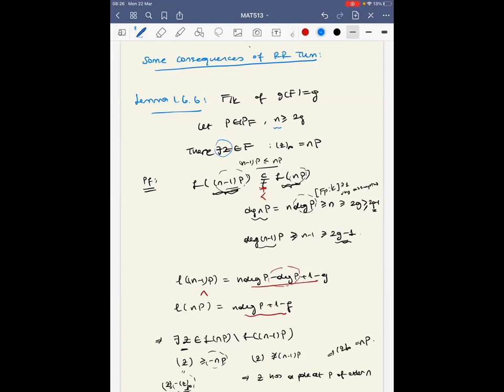However, there can also be some natural numbers which give us this proper inclusion.